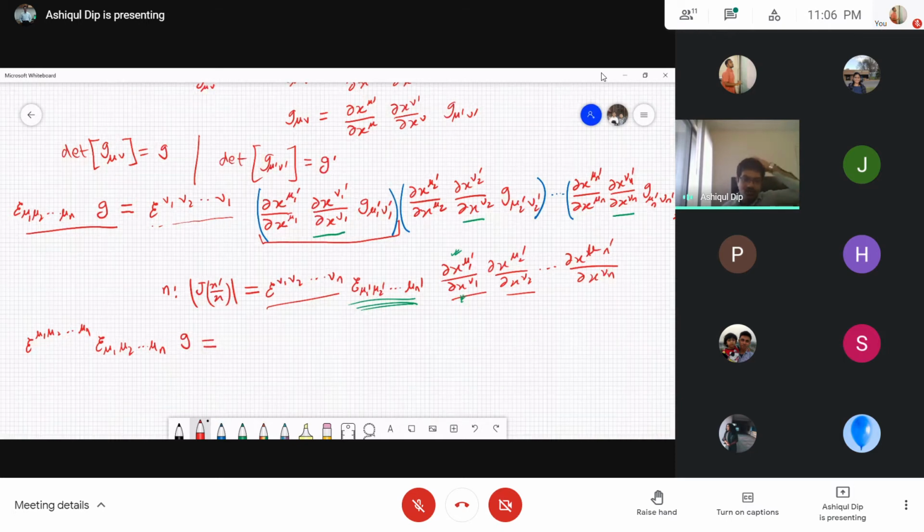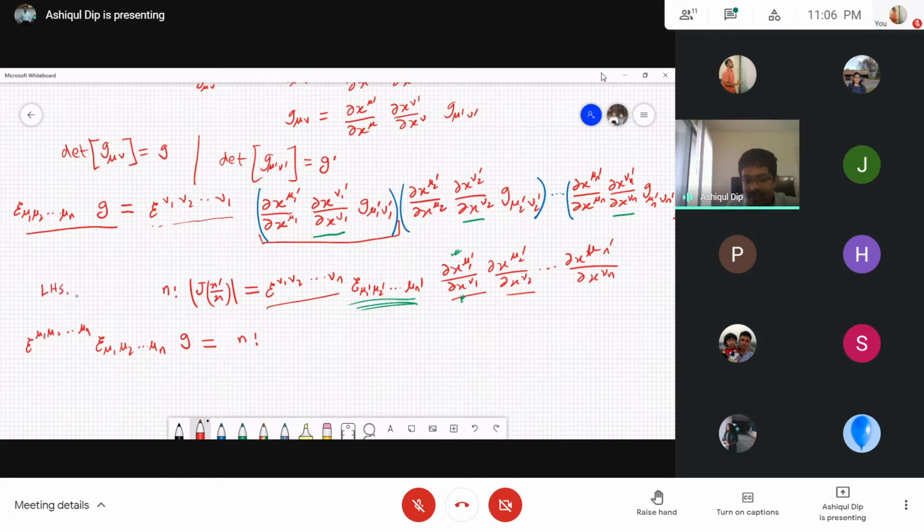Then what should it be? If you sum over all of E, what do you get? Factorial. You get n factorial. Great. This is the left hand side, right?